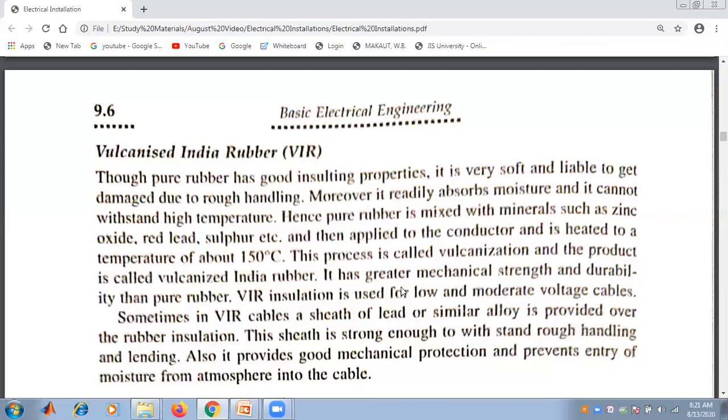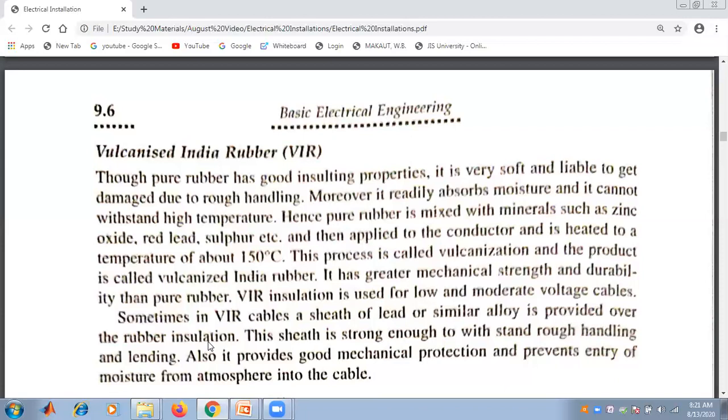It has greater mechanical strength and durability than pure rubber. VIR insulation is used for low and moderate voltage cables. Sometimes in VIR cables, a sheet of lead or similar alloy is provided over the rubber insulation.